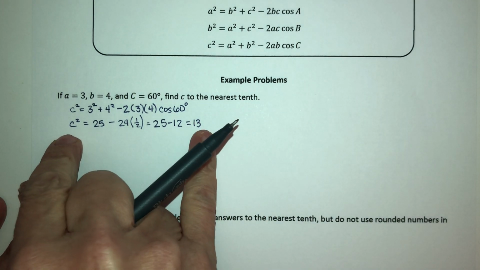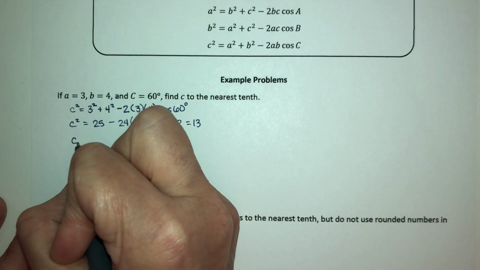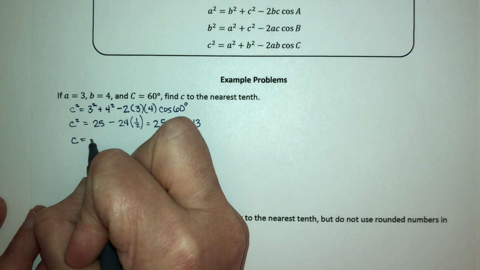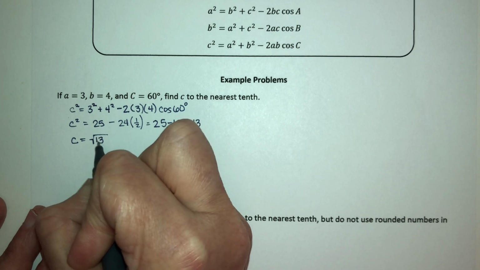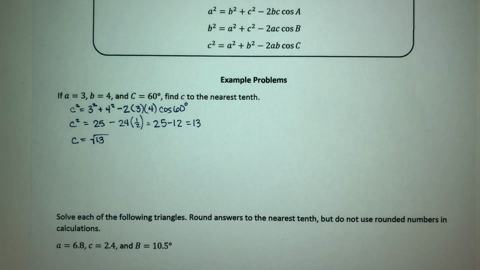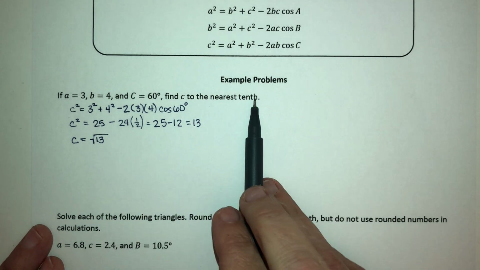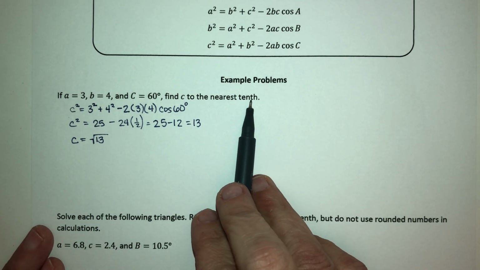Now we have C squared equal to 13, so technically you're taking the square root of both sides, and when you take the square root of both sides, technically you'll get plus and minus the square root of 13, but since C is a side, which means it's a distance, we are only interested in the positive answer. This is your exact solution, but we are asked to round it to the nearest tenth.